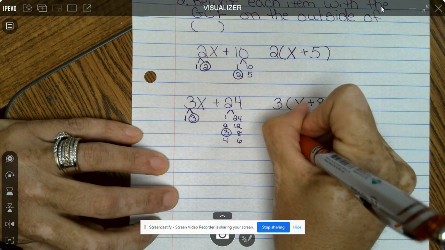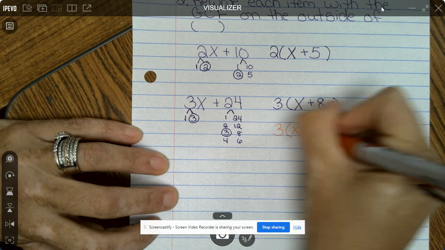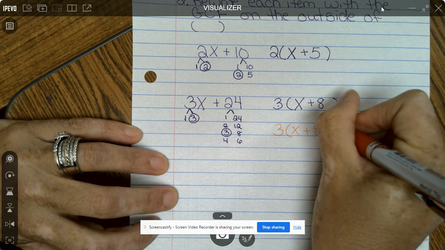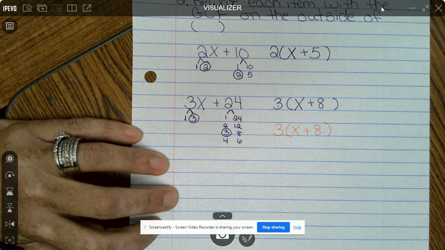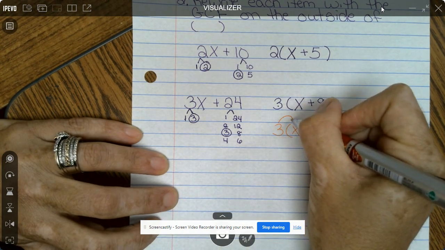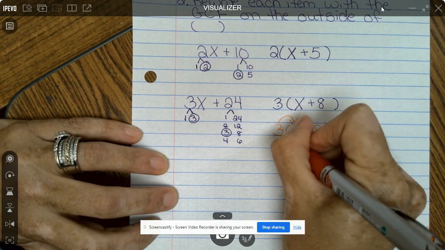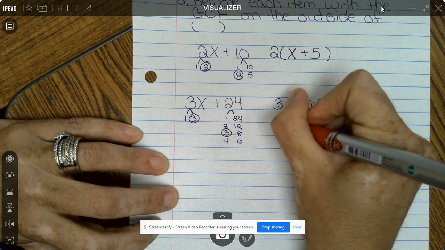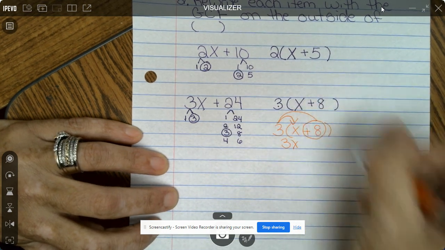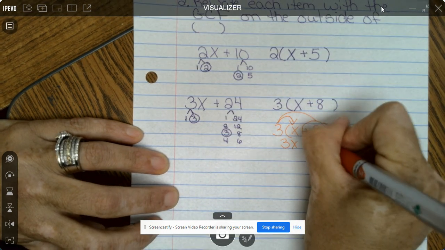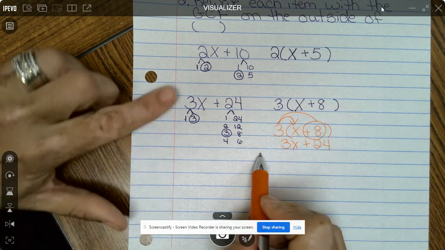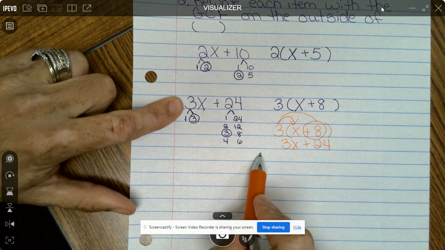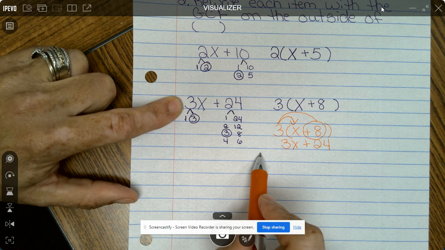If you have 3 times x plus 8, and I do the distributive property, what is 3 times x? 3x. What is 3 times positive 8? 24. And isn't that the same as what we started off with? So you did it correctly.